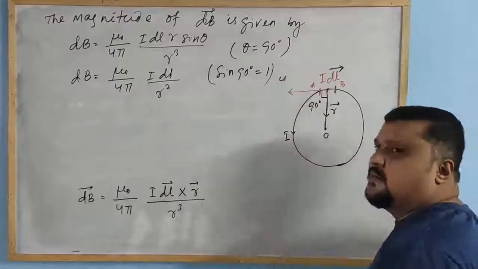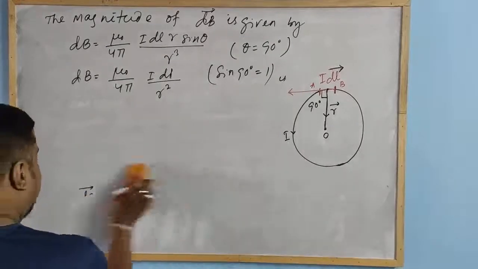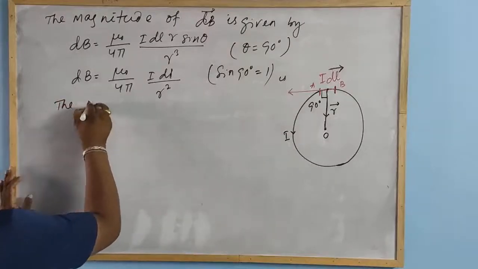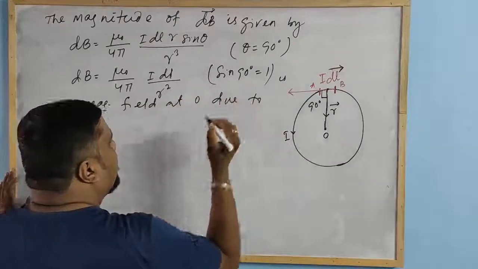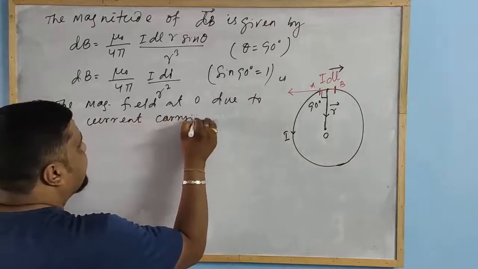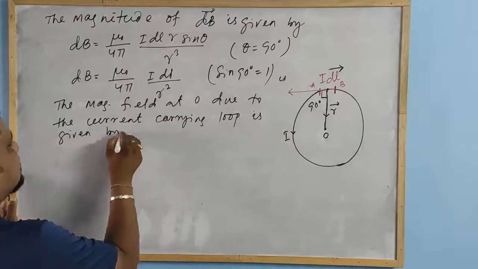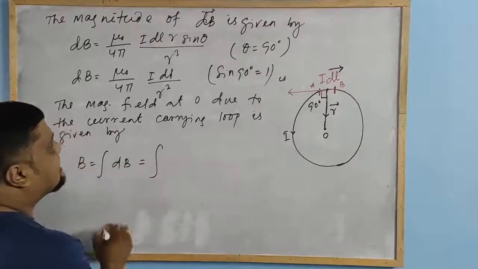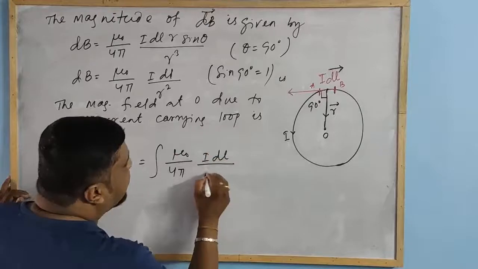For the whole loop, the magnetic field at O due to the current carrying loop is given by B, the integration of dB, which equals the integration of mu naught by 4 pi, I dl by r square.